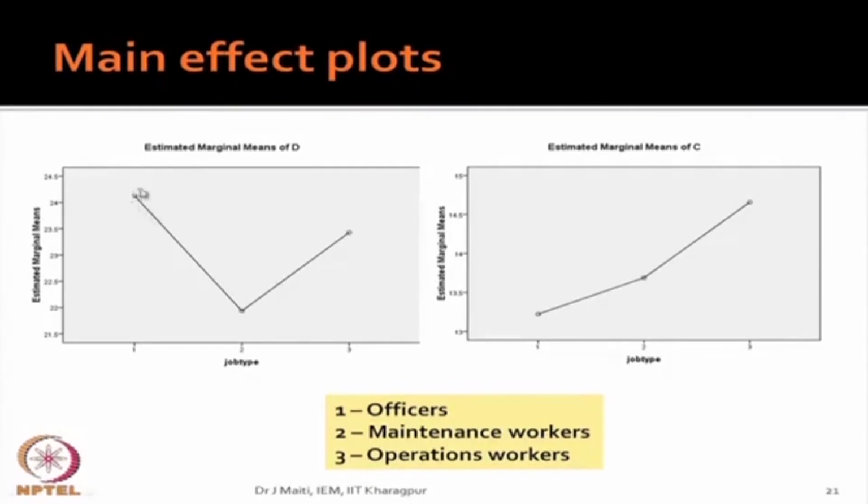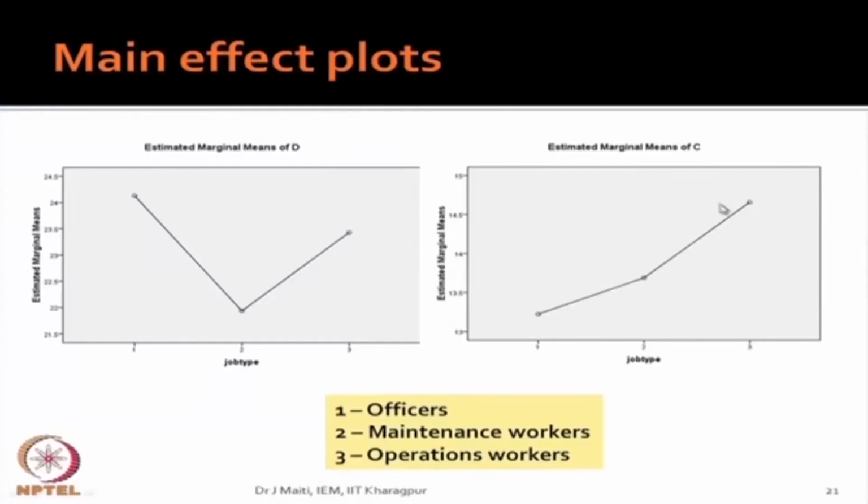Here, from the demand point of view, officers have the highest level of job stress. From the control point of view, operations workers have the maximum. Getting me? See how interesting this is. It is obvious that officers always have better control because they are more empowered.